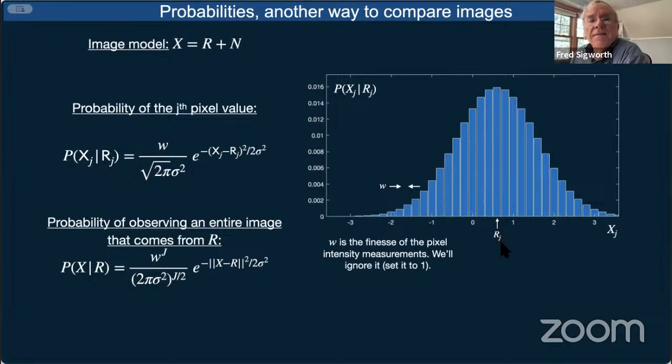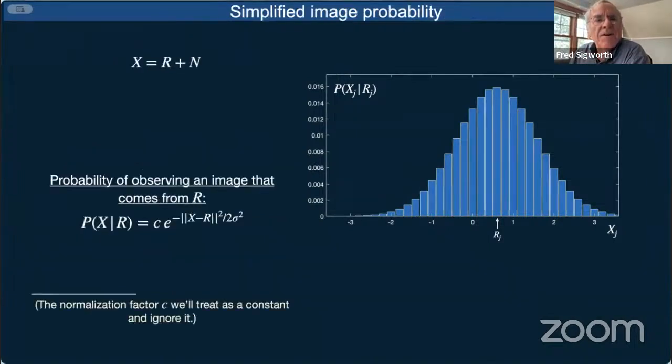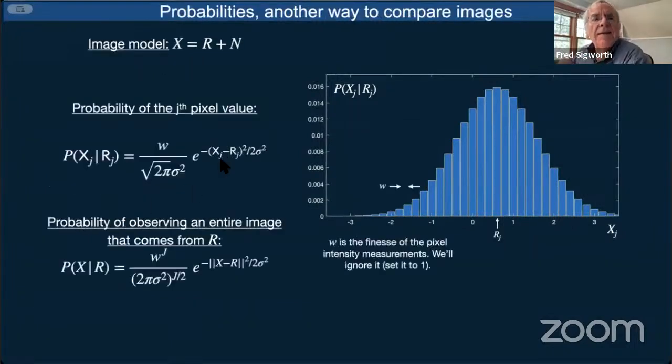And the way we do it is we say, okay, let's suppose one pixel of our reference, the jth pixel, the actual value is here on this axis of possible pixel values. But we might, in our experimental image, pick values anywhere from this distribution. And I'm going to skip over the normalization part and just say that, well, I can't skip over the normalization quite.